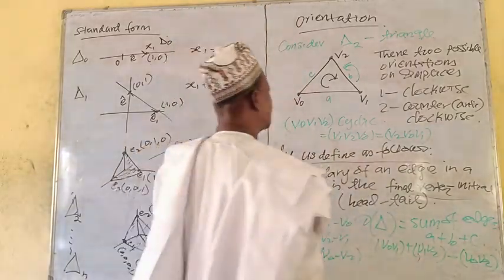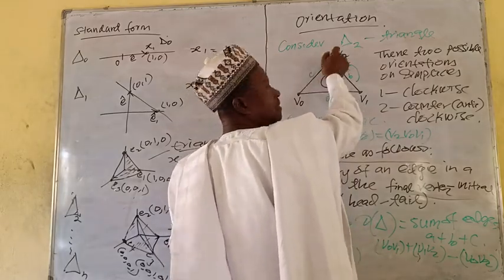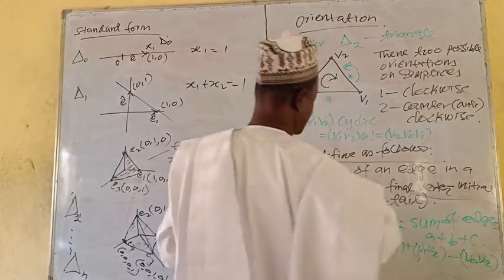Now I'm using minus here because I have tilted this one. I'm not starting from there. Is it clear?